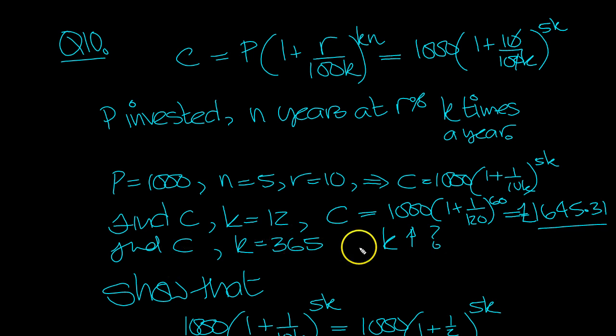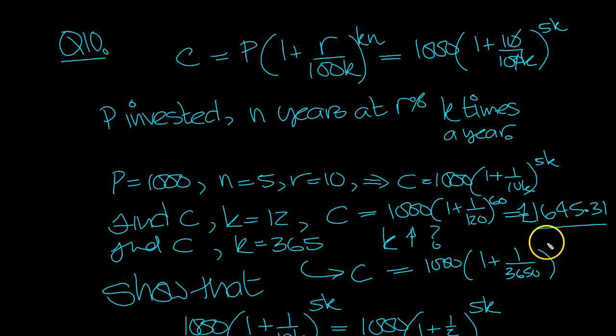Find C when k is 365. So let's use our formula then for this one. We only need to change the value of k, so it will be 1000. Let's write it out. 1 plus 1 over 10k, 3650, to the 5k, 5 times 365.